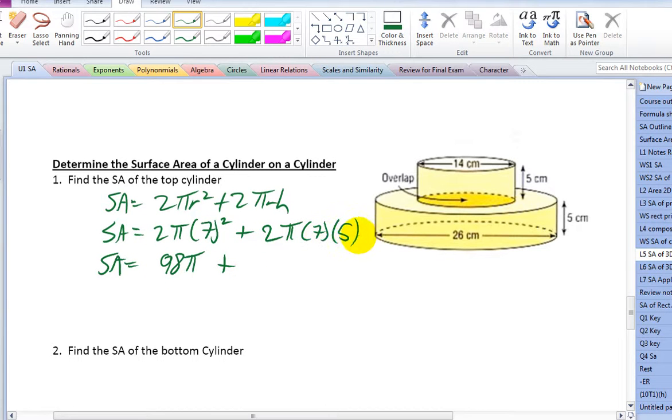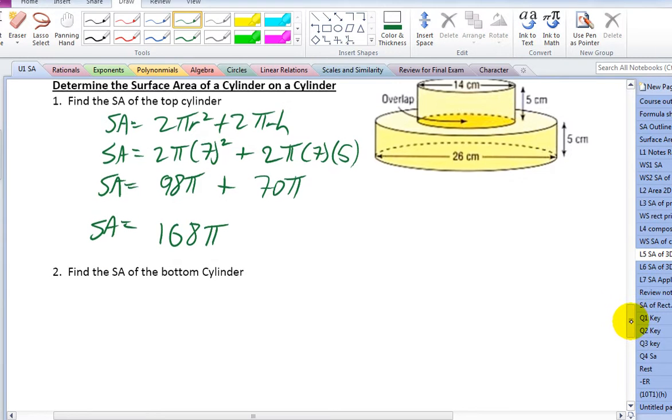On the back, 7 times 5 is 35. Double it is 70. Add those together and get 168 pi. We're okay with that? Alice, question? Nope. Okay. Next one.